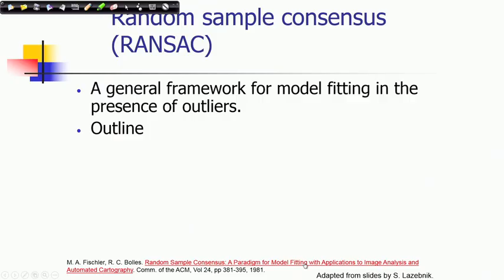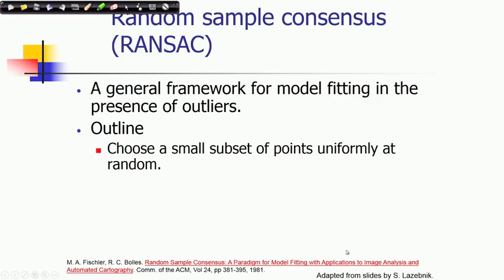You can apply this technique in our previous cases of finding the homography matrix, fundamental matrix or projection matrix, those we discussed in our previous topics. So, the outline of this technique is that you choose a small subset of points uniformly at random, and then fit a model to that subset.